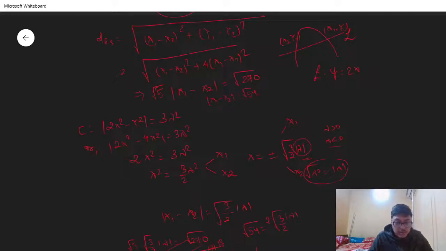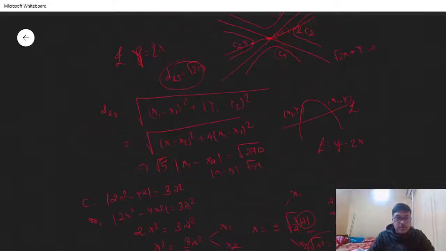Then 12 by 2, mod lambda will be root 9, which implies that lambda square equals 9, which is the answer of question number 9. The answer would be 9.